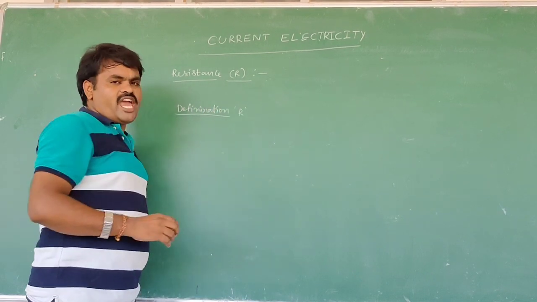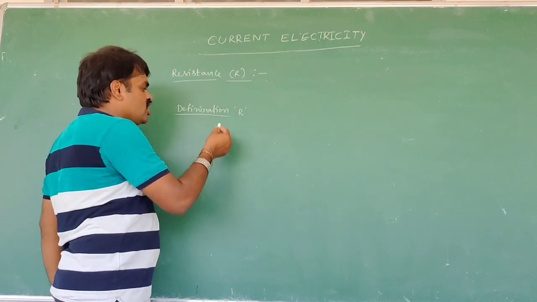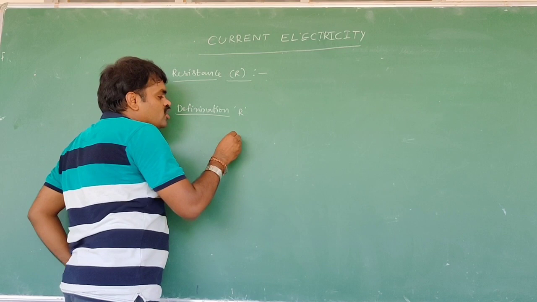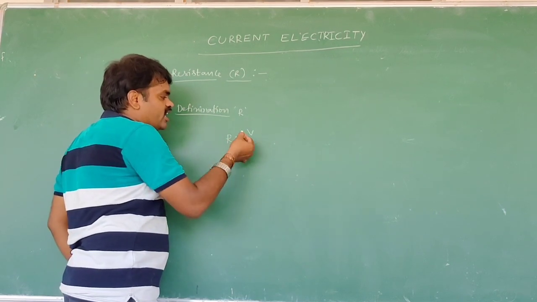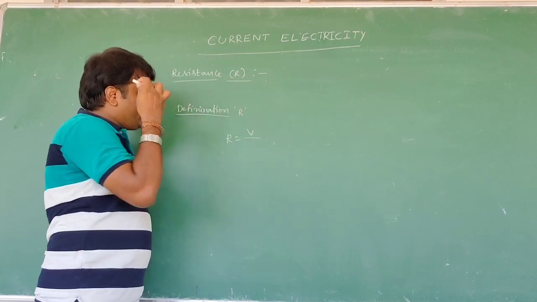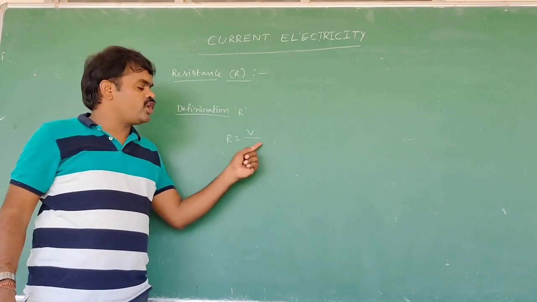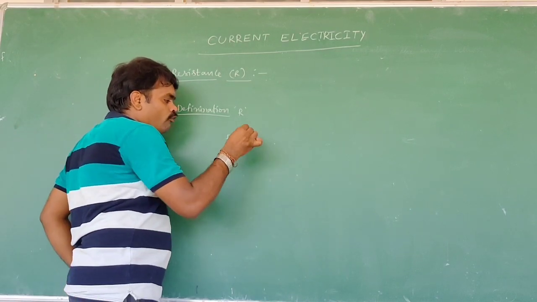The resistance of a conductor is defined as the ratio of the potential difference across the conductor to the current flowing through the conductor. R is equal to V by I.